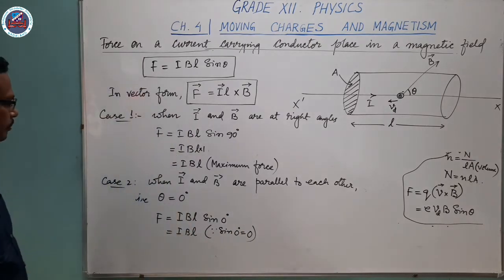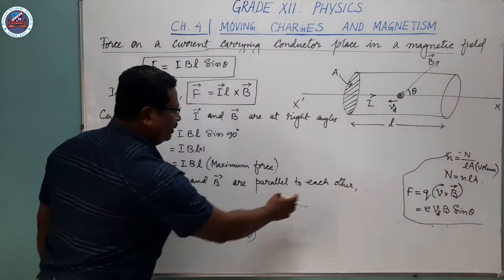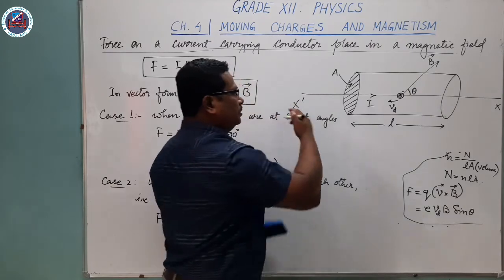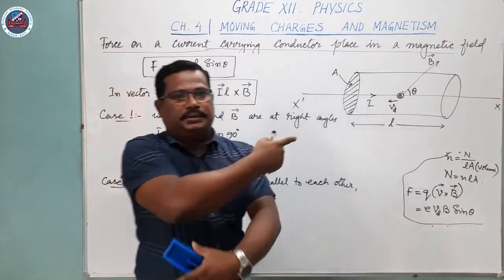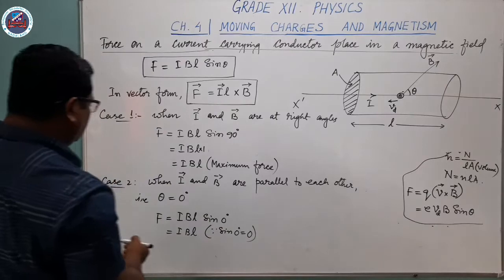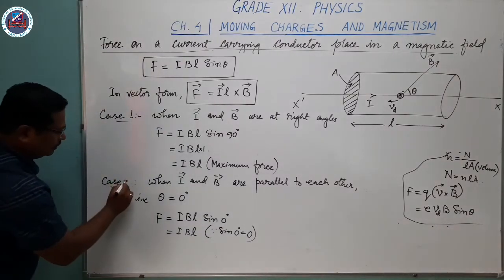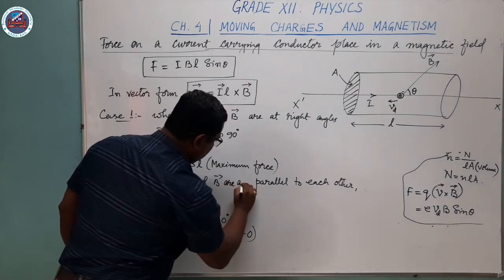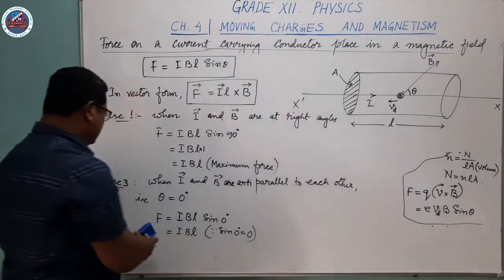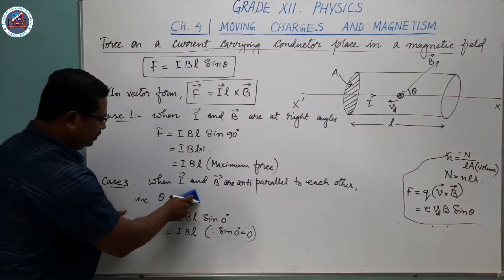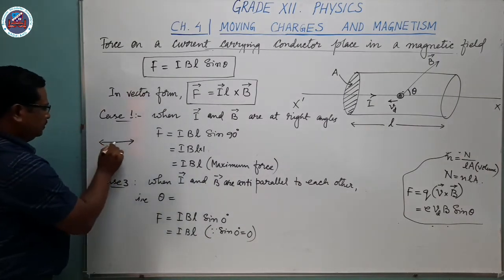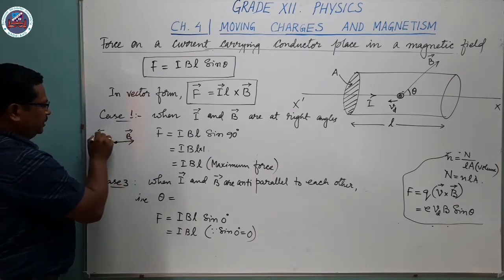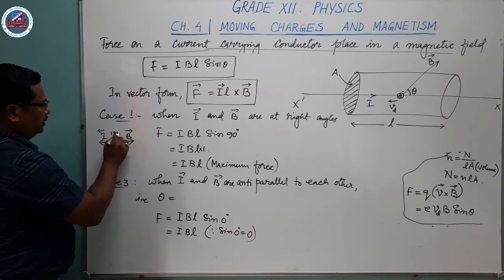Or case 3, when they are anti-parallel. Suppose the magnetic field is passing this way and the electric current you are allowing to pass in the opposite direction like this. Then case 3, when I and B are anti-parallel to each other, that is theta equal to 180 degree. Current is flowing this side, magnetic field is going this side, then the angle between them will become 180 degree.